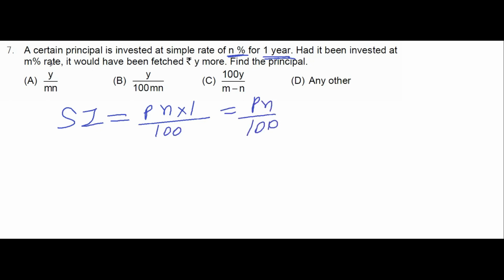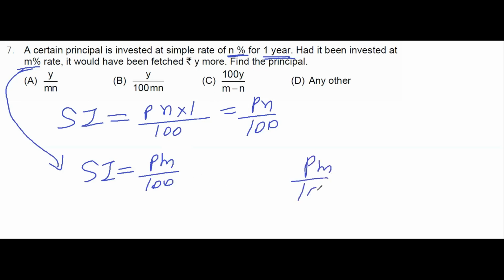Then had it been invested at m%, the rate will be m%. If it is invested at m% rate, the simple interest will be P into m upon 100. It is saying it would have fetched y more. It means Pm upon 100 is giving you y more than what it was giving you earlier.